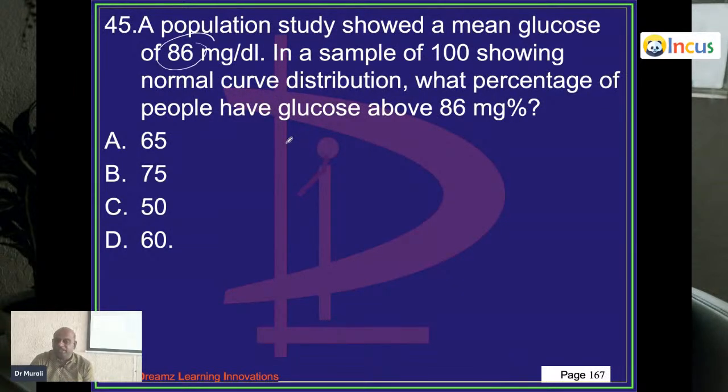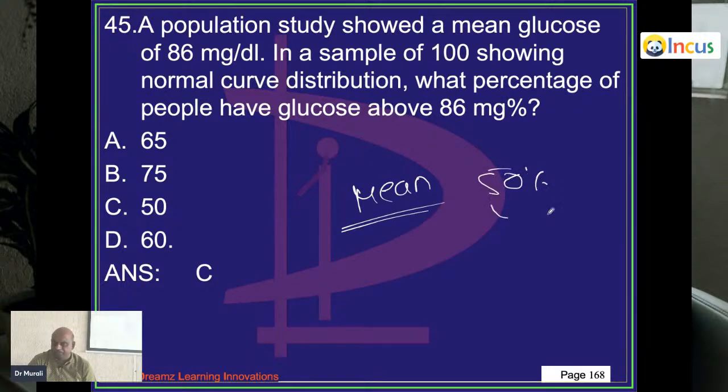Mean glucose is 86. Right? Mean glucose is 86. In a sample of 100 showing normal curve distribution, how many people will have a glucose above 86? So always, mean represents 50%.